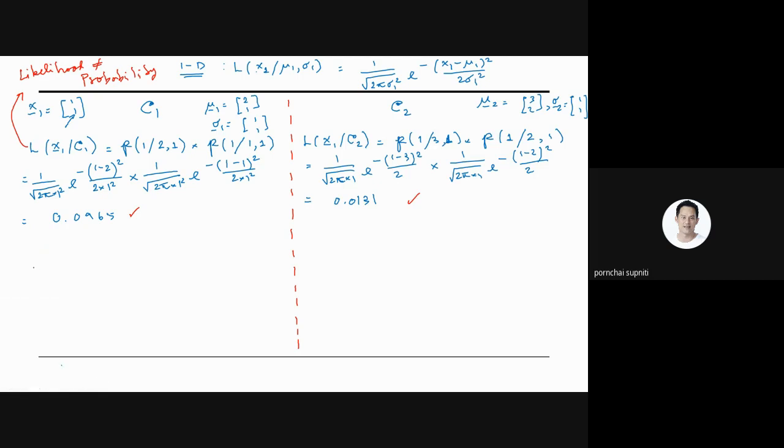This one will be gamma 1. So next, let's compute gamma 1. Gamma 1 is more like probability. Gamma 1 is the probability that x1 is in cluster 2.